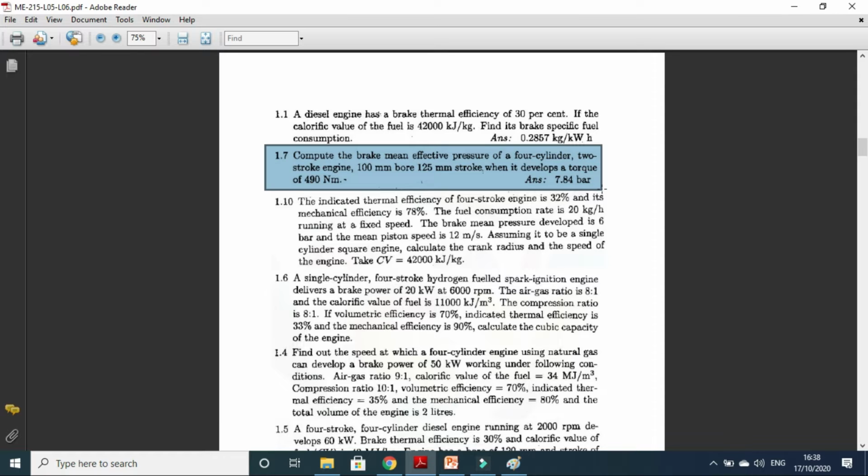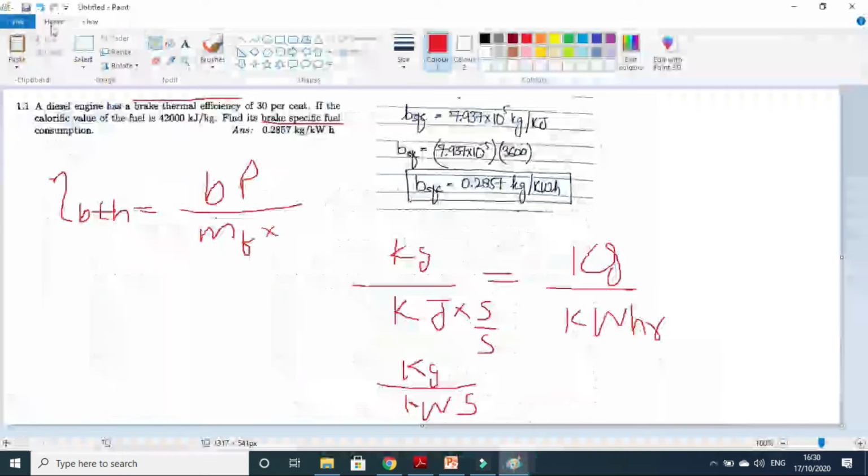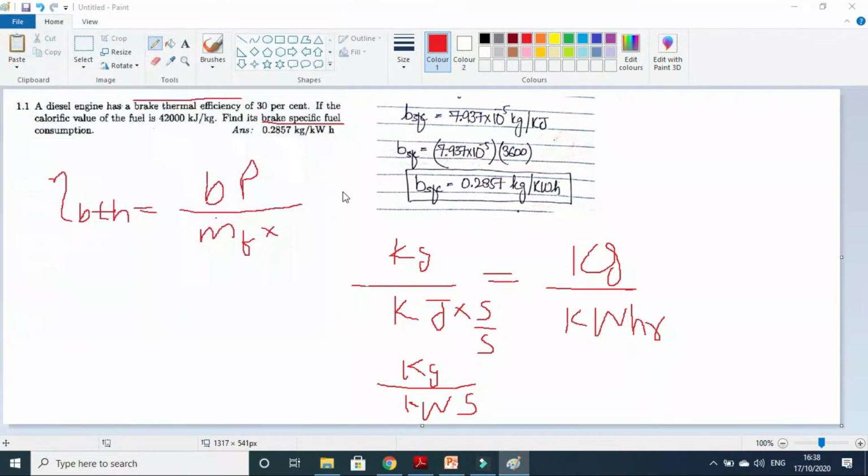The stroke is 125 millimeter, so it will be 0.125 meter. When it develops a torque of 490 Newton meter. So this is the numerical.